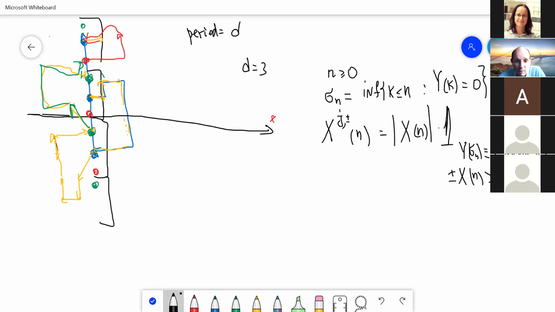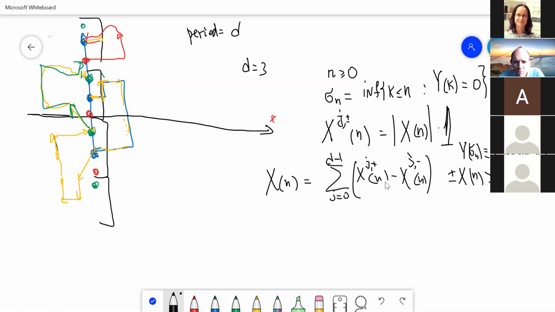Let me notice that x of n equals the sum over j from 0 to d minus 1, so over all colors, of xj plus of n minus xj minus of n. And I wish to say that only one number in this sum may be non-zero.